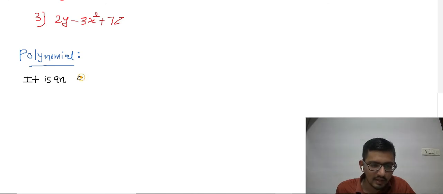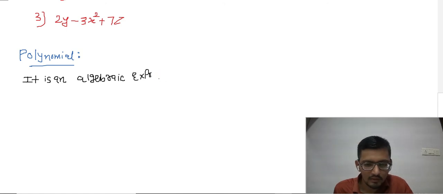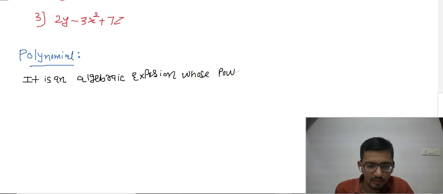So it is an algebraic expression whose power is non-negative.